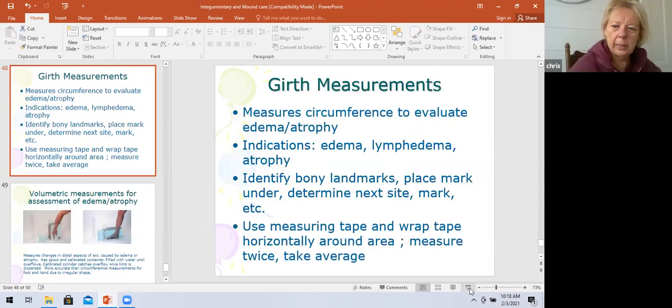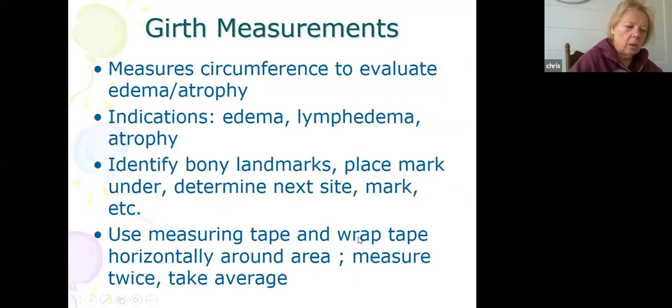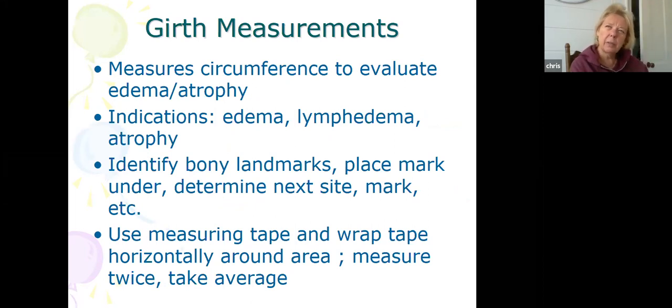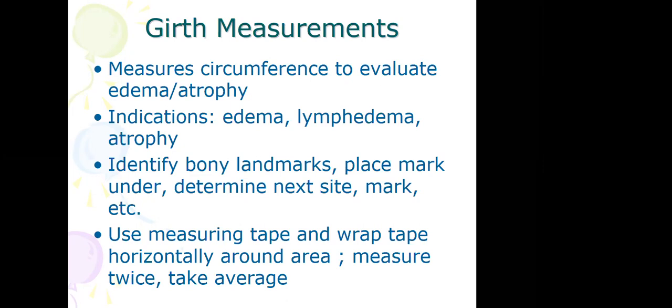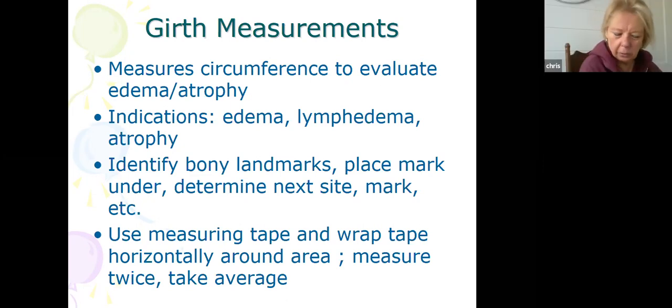So when there are circumferential measurements, they evaluate edema and atrophy, and we did a little of this in class. Remember, I don't think we measured. We did measure, didn't we? Measure for edema or for atrophy? No. Well, if not, we will, because we're going to be using the Jobst compression pumps, and we will have to assess lymphedema.